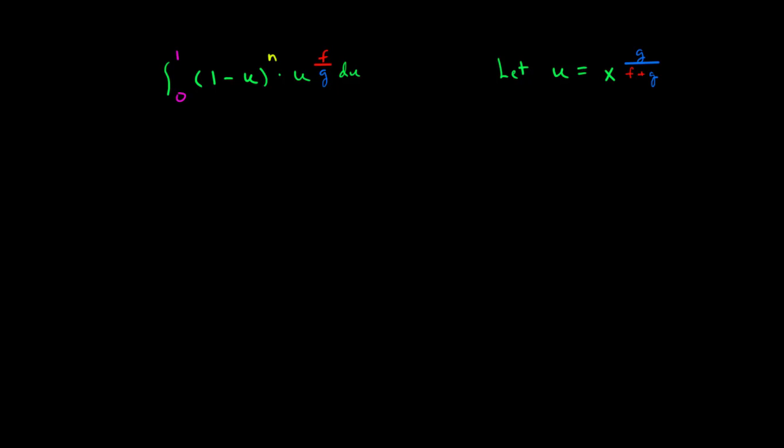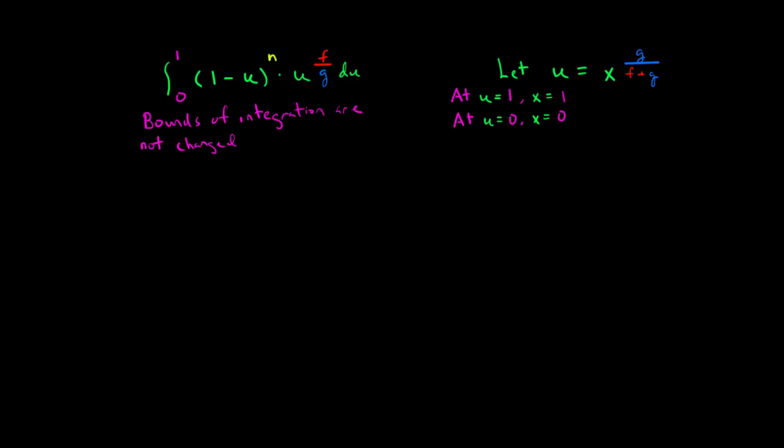Now let's take a look at our bounds of integration. Make sure those haven't changed. At u equals 1 in the integral there, x would also have to equal 1. And at u equals 0, x will also have to equal 0 for that substitution to work. So the bounds of integration actually aren't changed by this variable substitution.